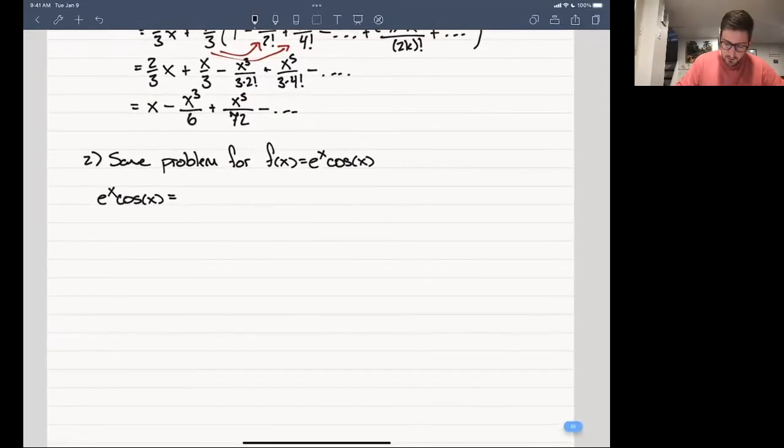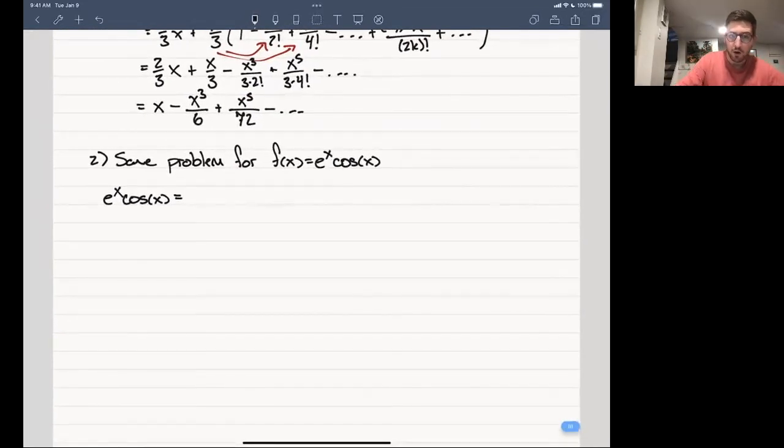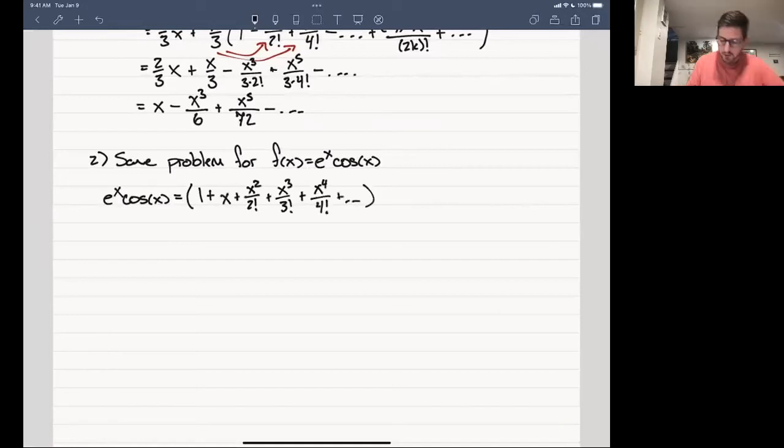So let's remind ourselves of what e to the x is. The series for e to the x is 1 plus x plus x squared over 2 factorial plus x cubed over 3 factorial. And then, well, we'll go up to the fourth order, x to the 4 over 4 factorial, and so on and so forth.